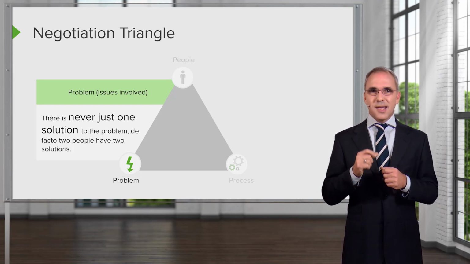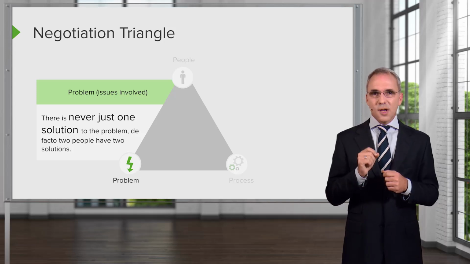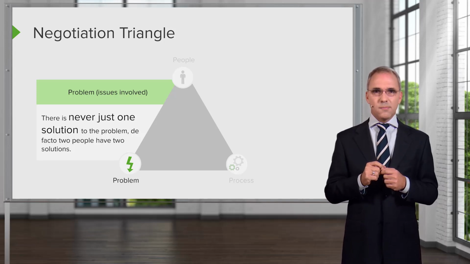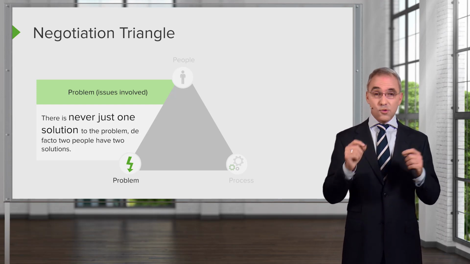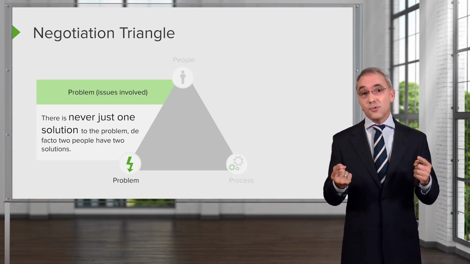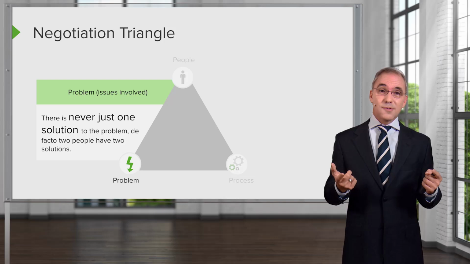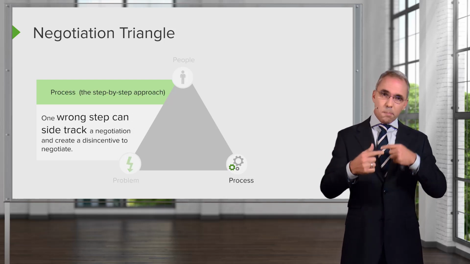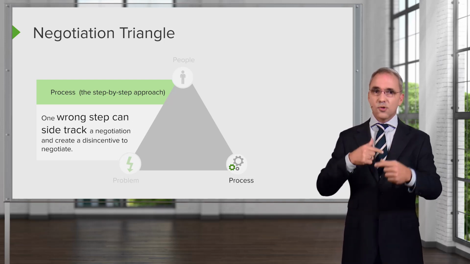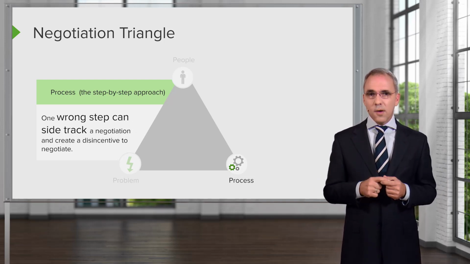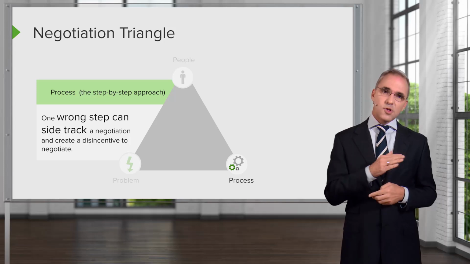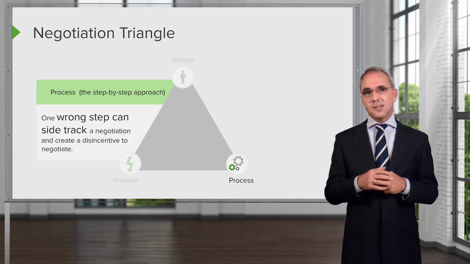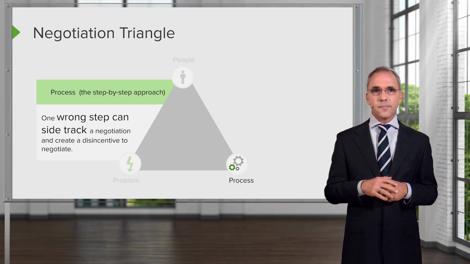Problems are the problems. And here, there is never just one solution to the problem. De facto, when two people come together, there are going to be two ideas and two options. And on the third side, we have what's called the process, the step-by-step approach that makes the negotiation move forward. One wrong step can sidetrack the negotiation in a way that can create disincentives to negotiate.